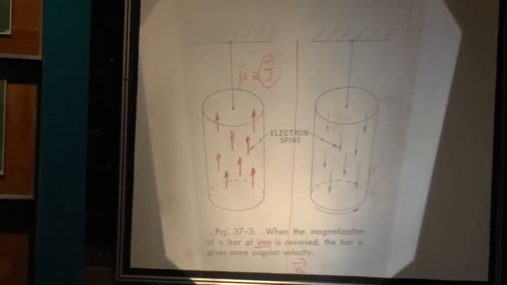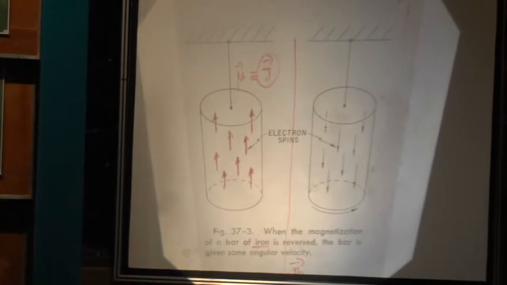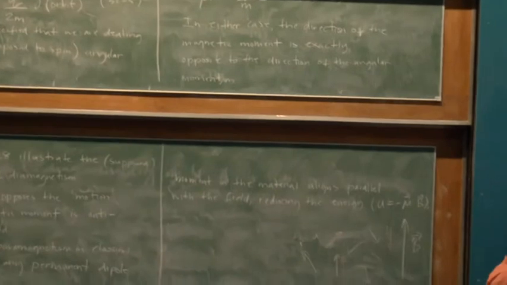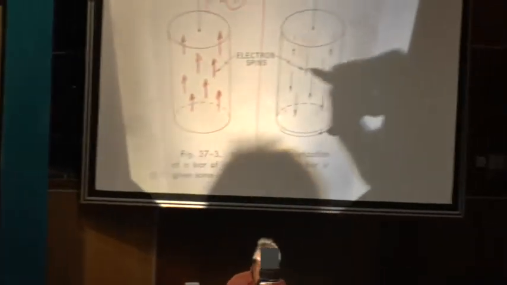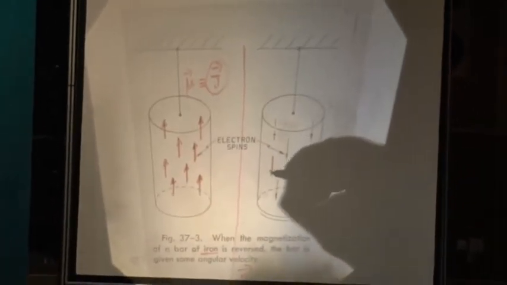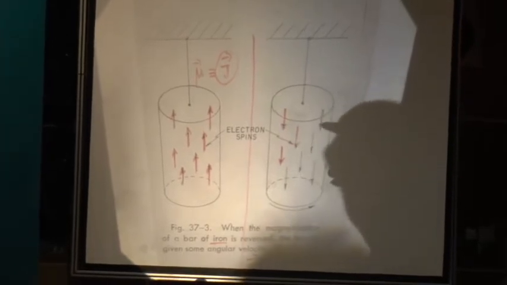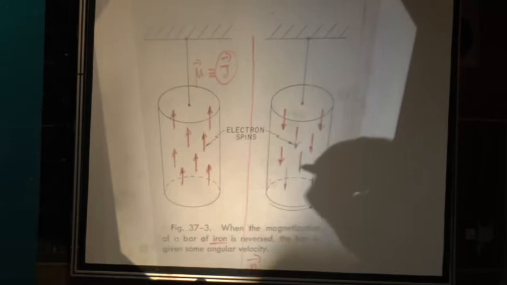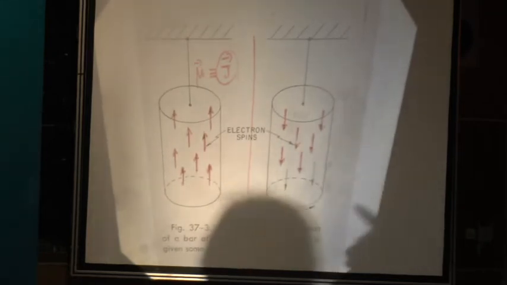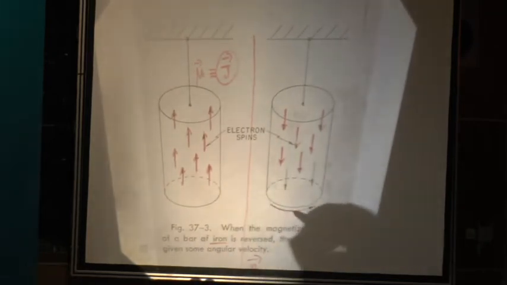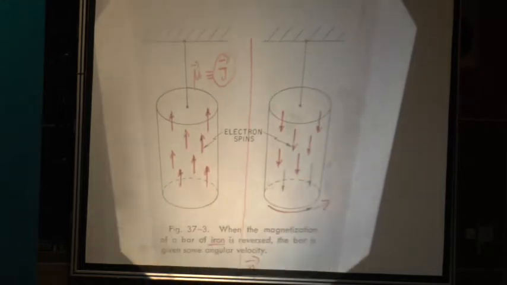Of course, we are getting a lowering of energy by the spins being parallel to the field, so the spins will turn over. Now, if you do that experiment very carefully and turn all the spins down without producing too much in the way of Faraday's law effects, the whole bar of iron, and this is an experimental observable fact, does start to rotate. So it really is a kind of angular momentum.